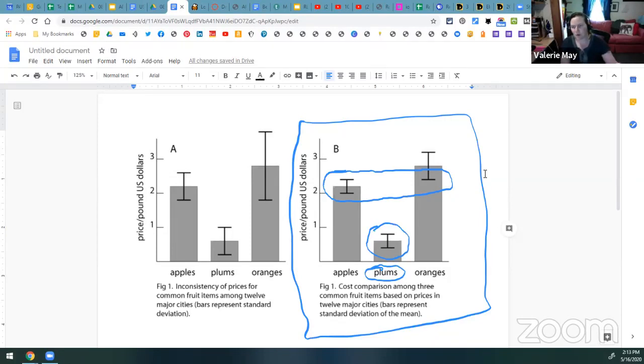You would need to take that one step further and say, trying to read it from this graph, that whether you are buying an apple or an orange has no effect on its price or something like that. So just saying that because the error bars are overlapping means that there's no significant difference, you haven't gone far enough to describe what the effect is. Yeah, you have to go to say no effect.